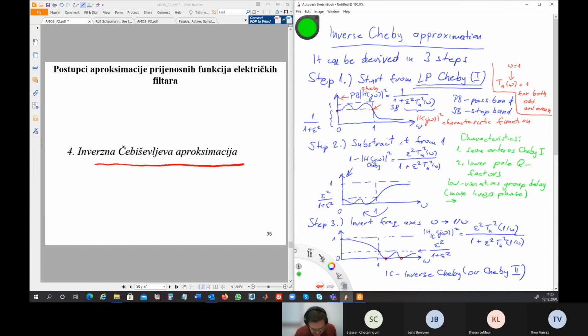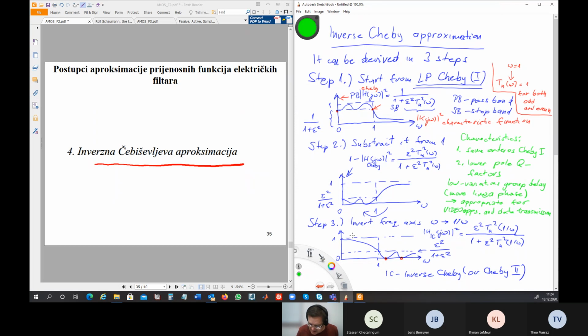And because of this, it's appropriate for video applications, or for data transmission. So everywhere where you need linear phase, you will rather use inverse Chebyshev approximation than the normal Chebyshev approximation.